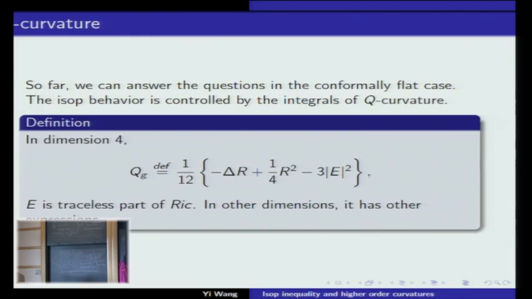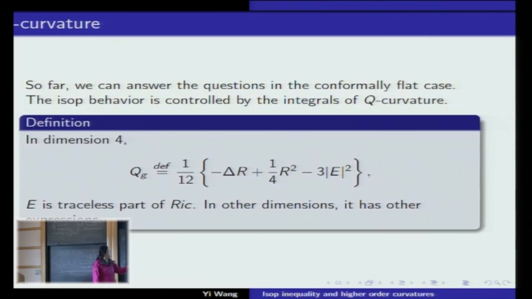The leading order term is the Laplacian of the scalar curvature, plus 1/4 times scalar curvature squared, minus 3 times the traceless part of Ricci squared. So the leading order term is 4th order in dimension 4, plus some combination of 2nd order curvature terms.